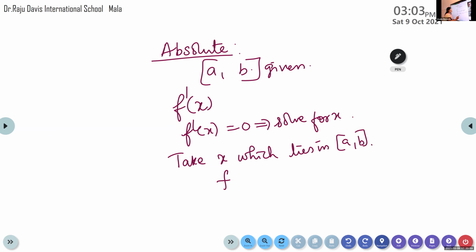Then find f of A, f of B, and f of c. Among these values, the smallest gives the minimum value, and the greatest gives the maximum value. That is called absolute maxima and minima. In absolute maxima and minima, we find only the first order derivative.